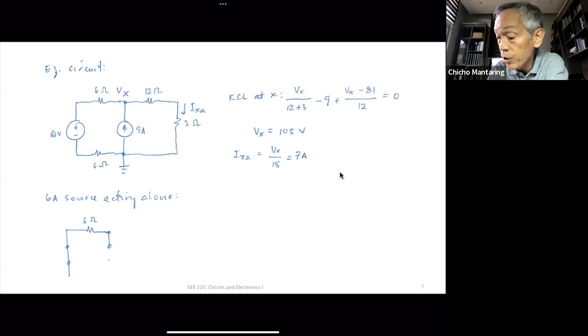My 9 ampere source is going to be an open circuit. Sorry, I have another 6 ohms here. Then I have my 12 ohms. Then I have my 3 ohms. And then what do I have here? I have here my 6 ampere source.